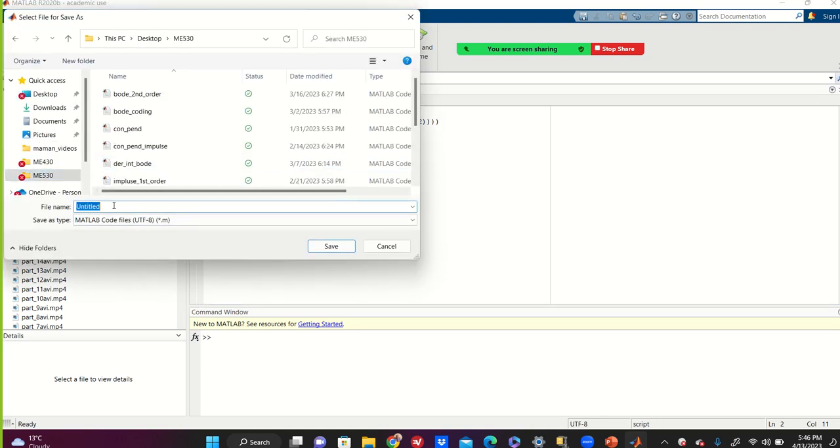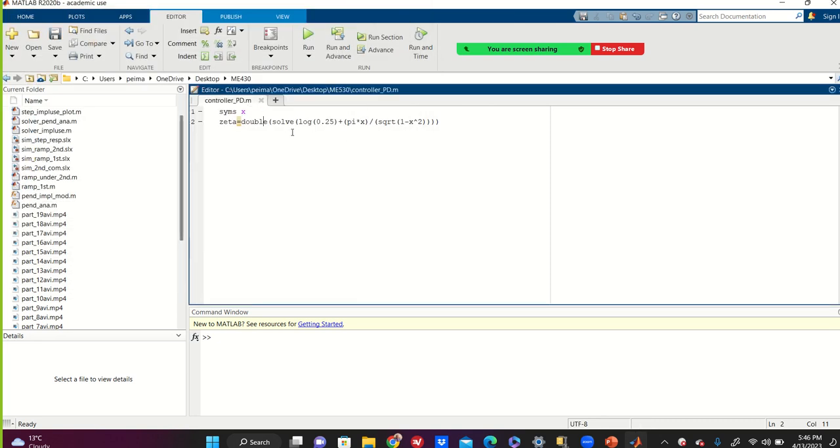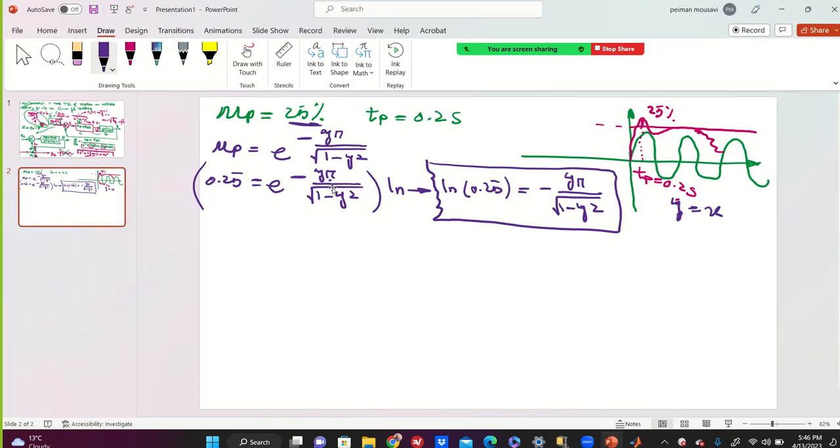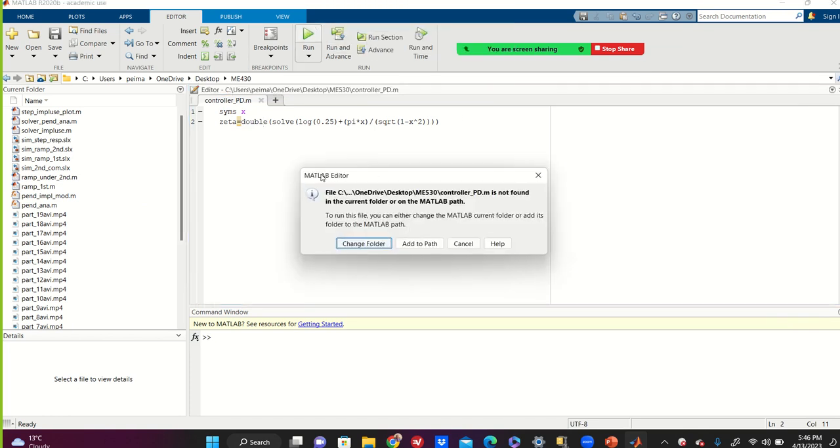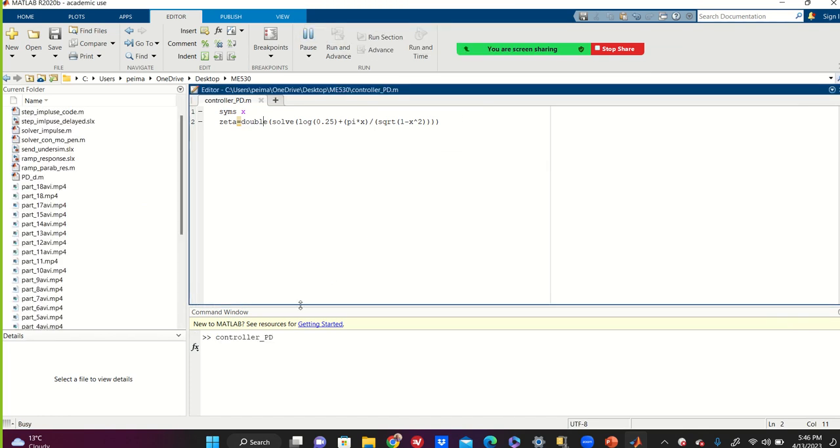I'm going to share the ME530 PD controller file with you. Okay, let me double check everything. Yeah, because we are moving this to the other side, it's going to be plus. The equation is this, so it's plus pi x. Let me run it, because I told you step by step. If I do that, you see it gives you a damping ratio of 0.4.